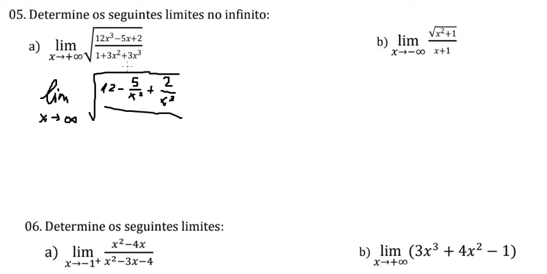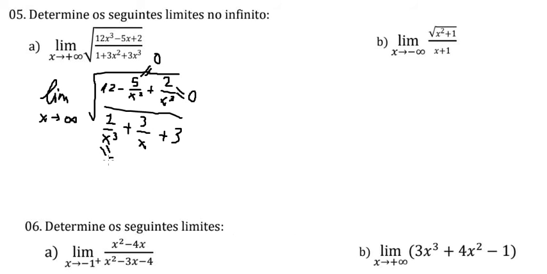over 1 over s to the power of 3 plus 3 over s plus 3. We know that the limit of 5 over s to the power of 2 goes to 0.